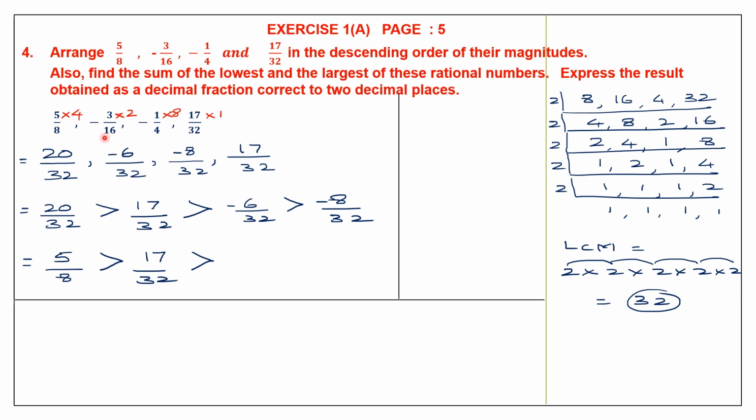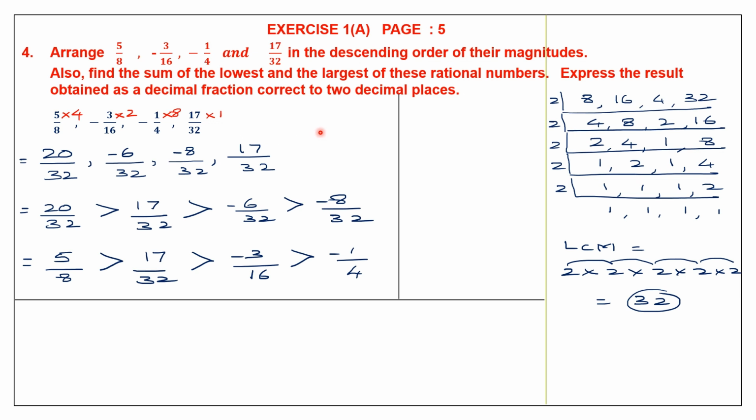Negative 6 is here, that means negative 3 over 16 is greater than the last one. So here we've written 5 over 8, negative 3 over 16, 17 by 32. What is left is negative 1 by 4. So this is the descending order of the rational numbers given to us in the question.